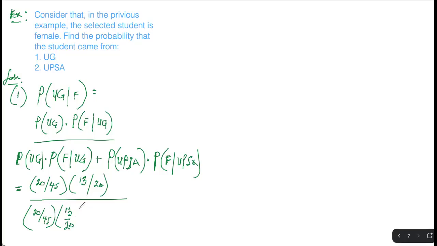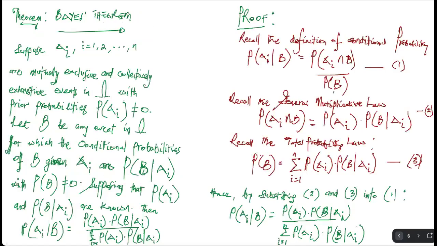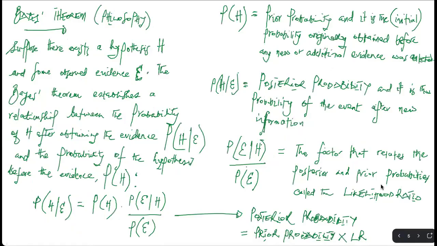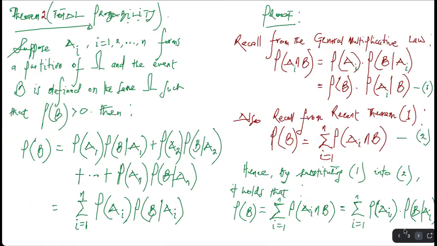So 13 over 20 plus the probability of UPSA, which if I recall is 25 over 45. Let's go and fetch these two probabilities, the probability of UPSA and the probability of F given UPSA.